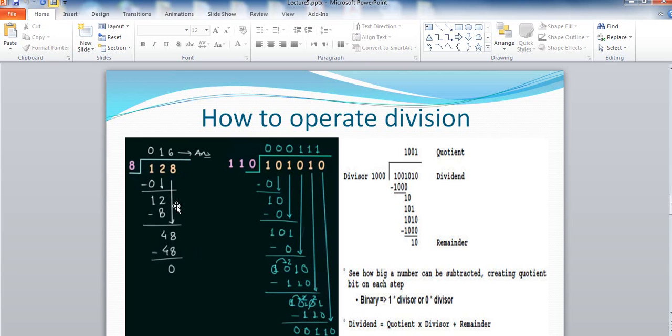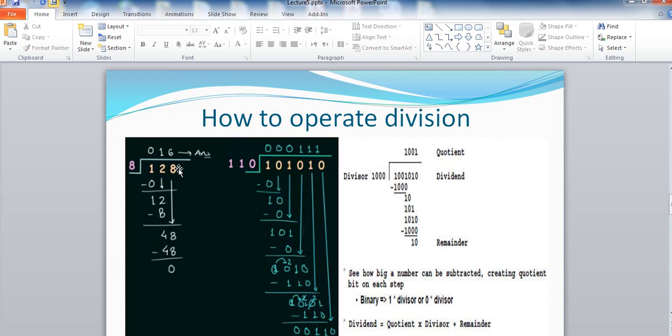Let's do the normal division for decimal numbers, for example 128 divided by 8. First, 1 divided by 8 cannot be, so we put 0, and then we take two numbers, which is 12. 12 divided by 8 is 1. 1 times 8 is 8, and 12 minus 8 is 4.